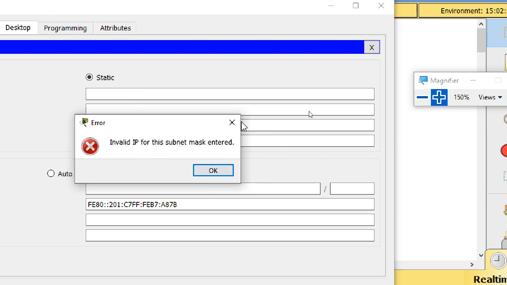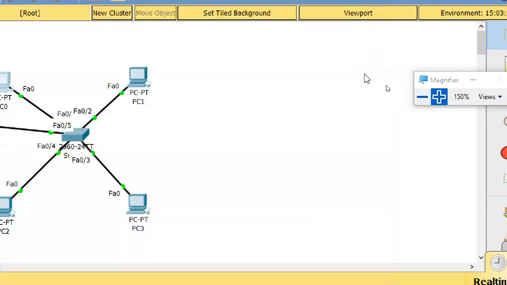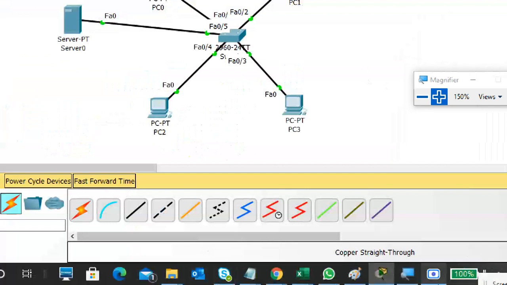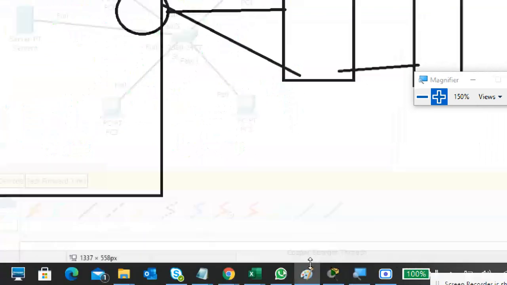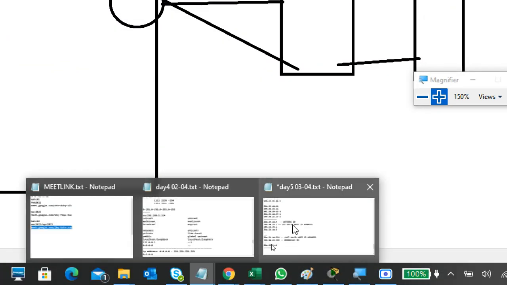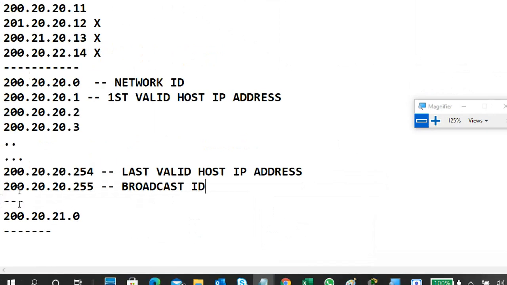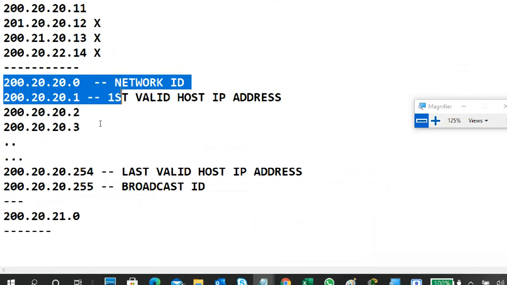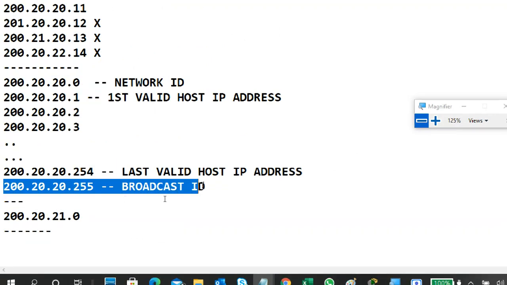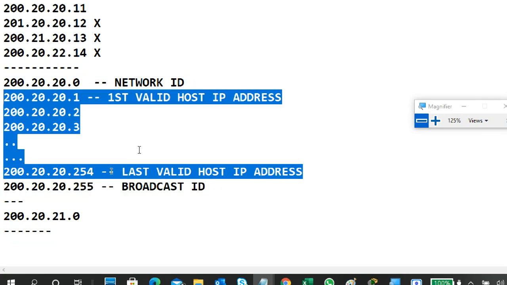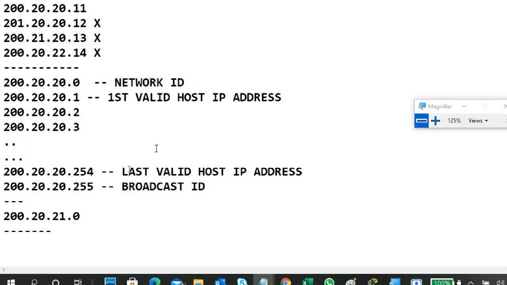Okay, so that is what it is. That's why these two IP addresses we can't assign to hosts, but these IP addresses we can assign to hosts. Got the point?